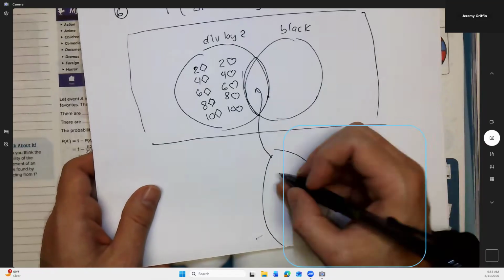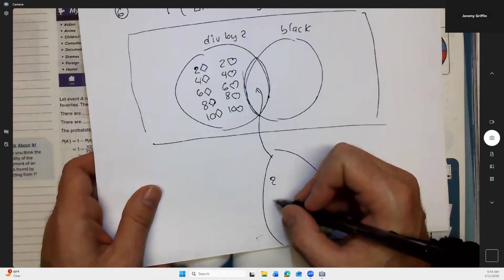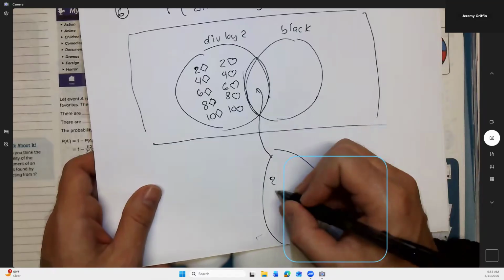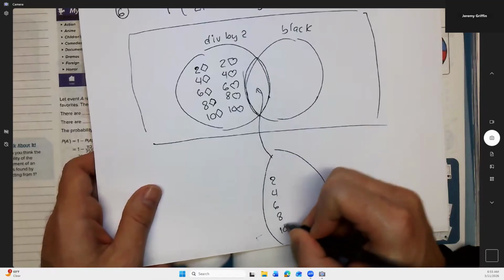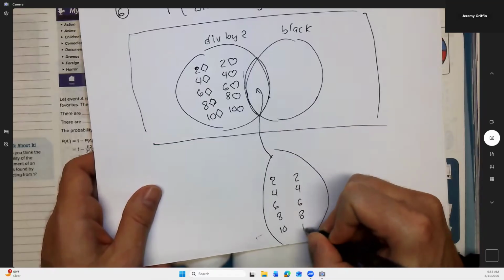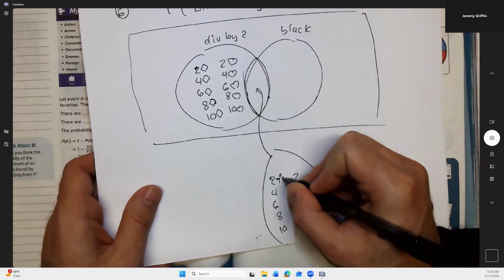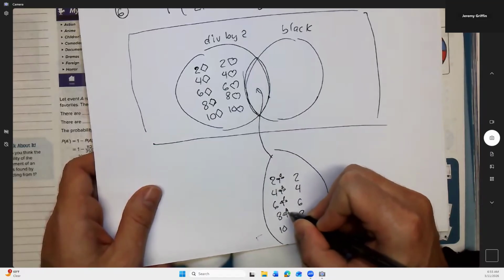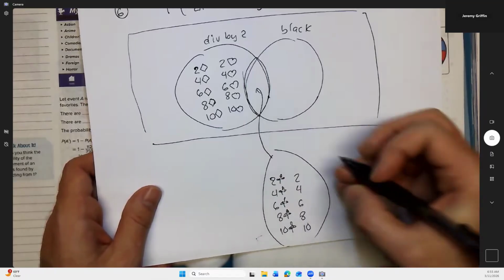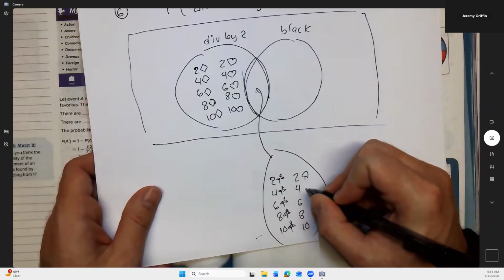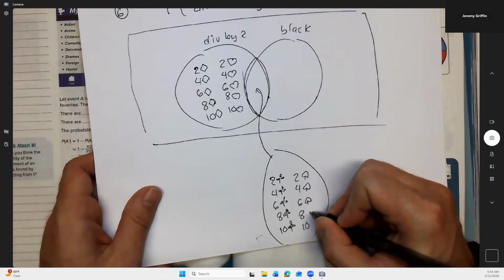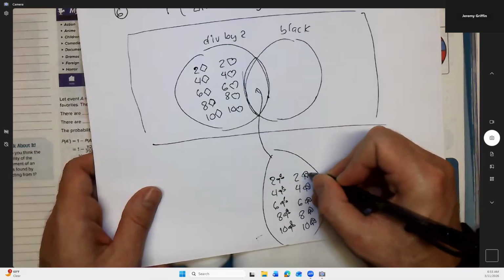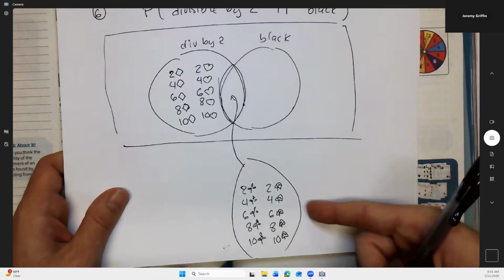We're also going to have cards that are divisible by two and black: a 2, 4, 6, 8, 10 of clubs, and a 2, 4, 6, 8, 10 of spades. It looks like there are 10 cards that are both divisible by two and black.